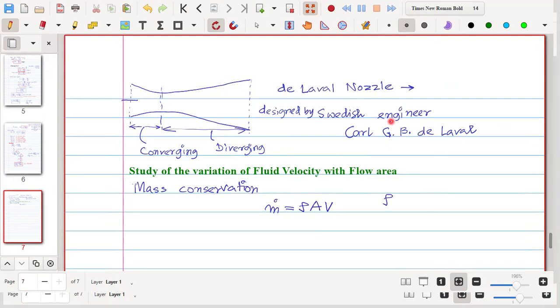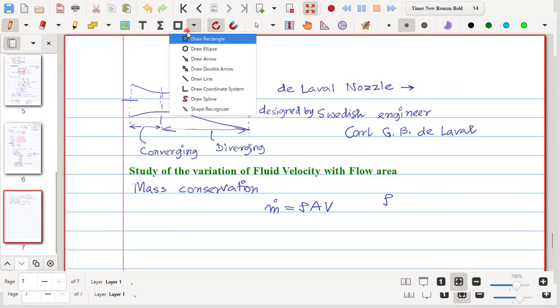Now these quantities rho, A, V all are actually varying along the cross section. So I am writing mass flow rate at a particular section. We can take mass conservation at a particular section.